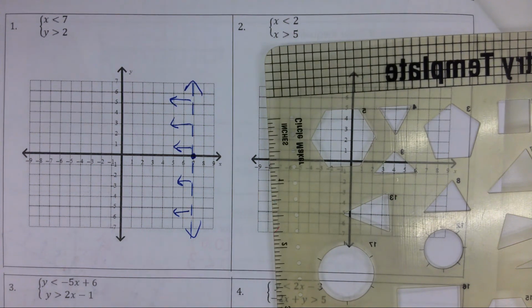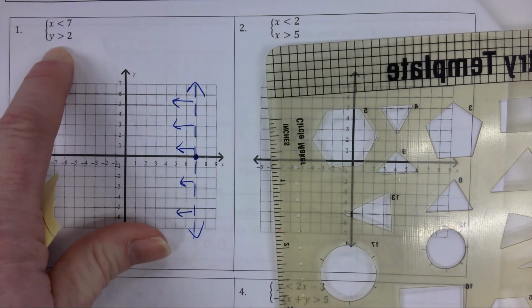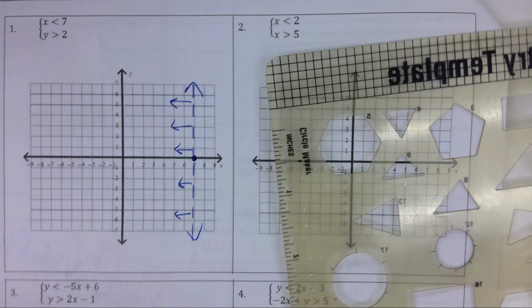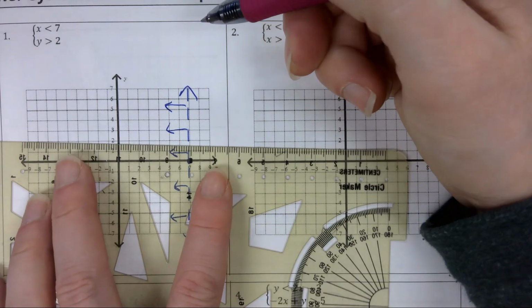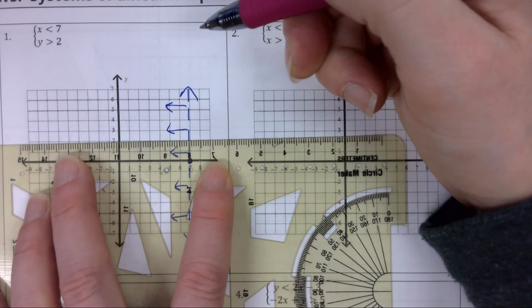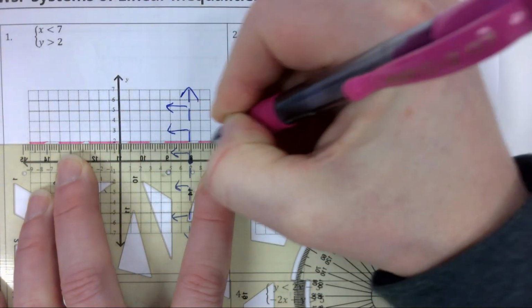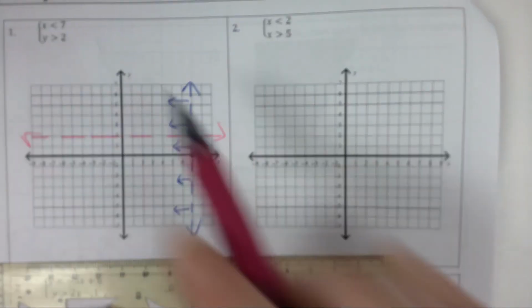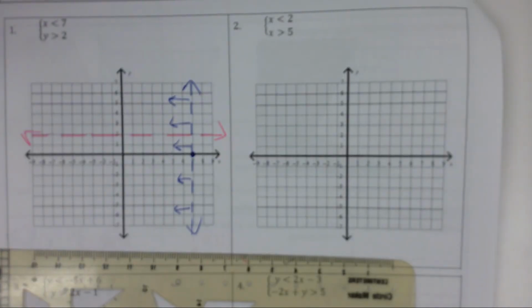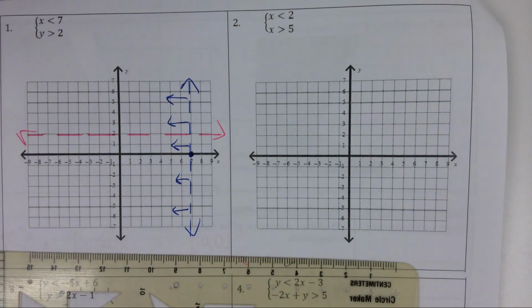Okay, if it's just y is greater than 2, I draw a horizontal line at 2. This one's also dashed. If I want y to be greater than 2, should I shade above that line or below that line? Under or over?